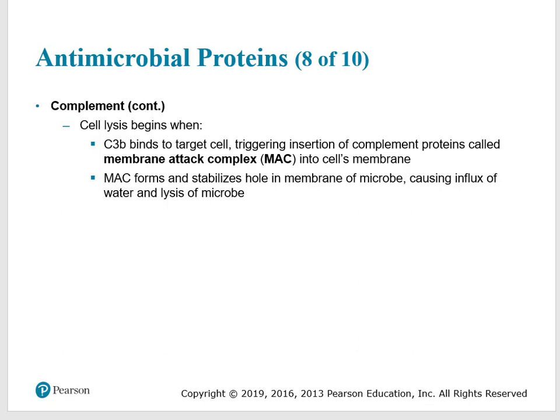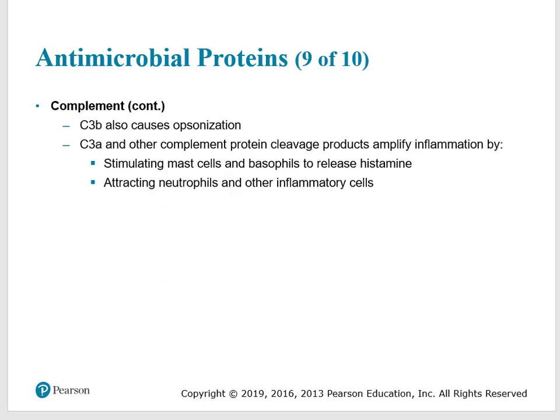But the other important thing is these 20 proteins come together to form a complex called the membrane attack complex, which forms a pore within the cell that has to be killed. And that pore basically opens the inside cell environment to the outside cell environment and causes a whole bunch of water to get in and causes lysis of the microbe itself.